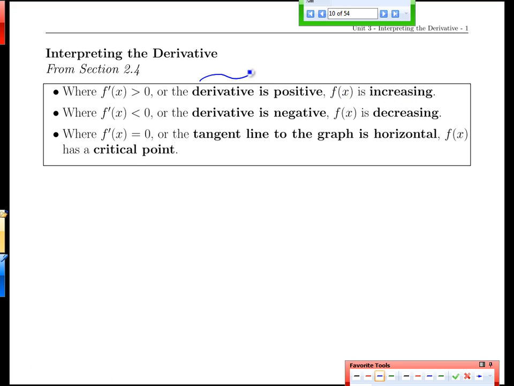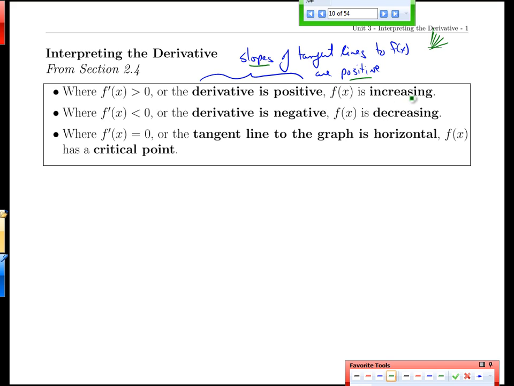And again, that shouldn't be a huge surprise, because derivative is positive means the slopes of tangent lines to our function are also positive. And anytime you have slopes that are positive, you're talking about something that's not flat, but positive slope, and therefore increasing as you move from left to right.